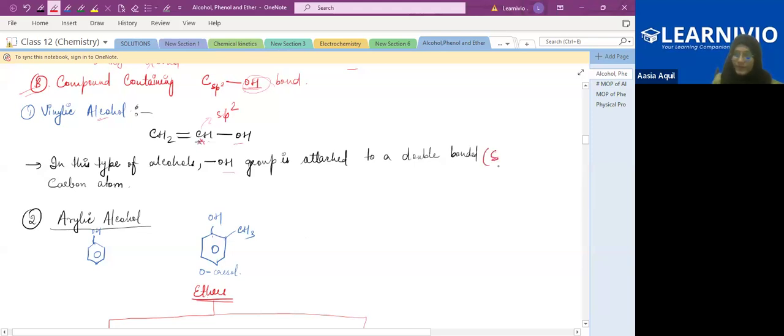Double bonded means sp2 hybridized carbon. For examples, you can write this example: CH2=CHOH.